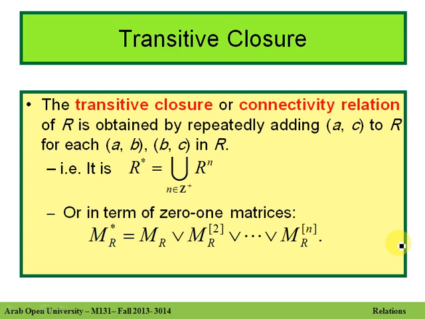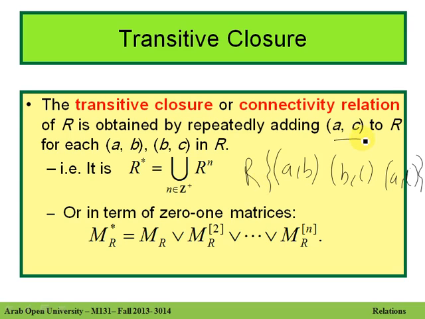Now moving ahead to transitive closure. What is the transitive rule? If there is an element (A, B) and (B, C), then there should be (A, C) in the relation R. So this is obtained by adding (A, C) for every (A, B) and (B, C).